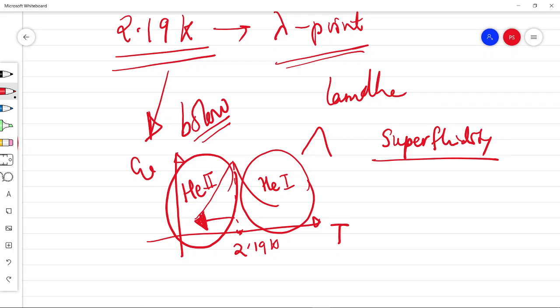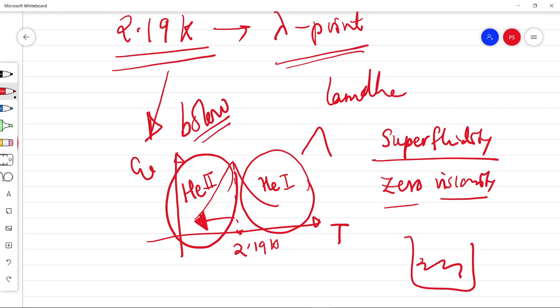That is, this helium shows no viscosity. So it cannot be contained in a container, and suppose there is helium contained in a container and there is a temperature gradient, then helium moves out of this container.